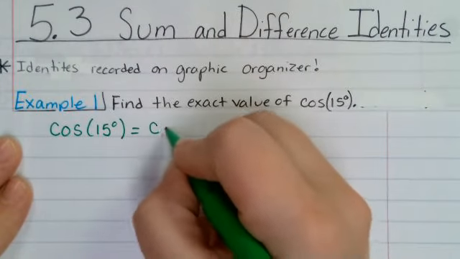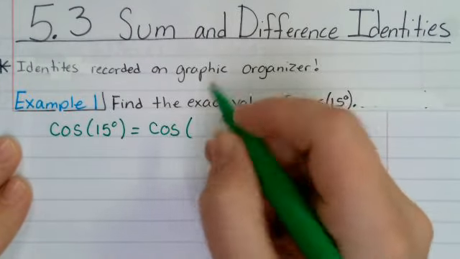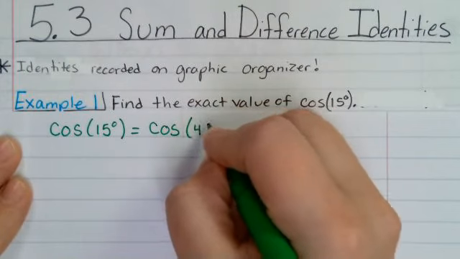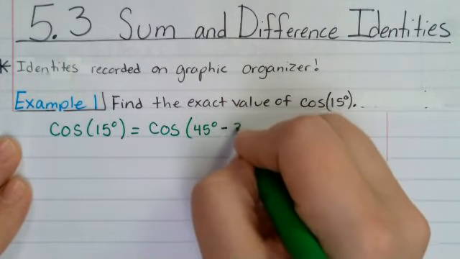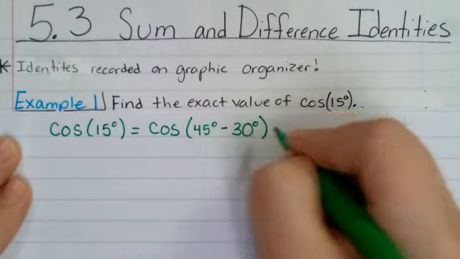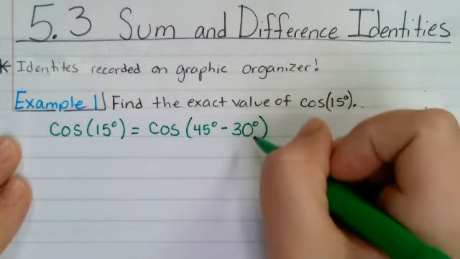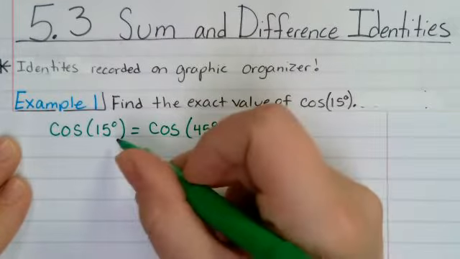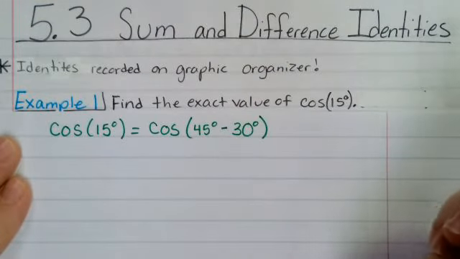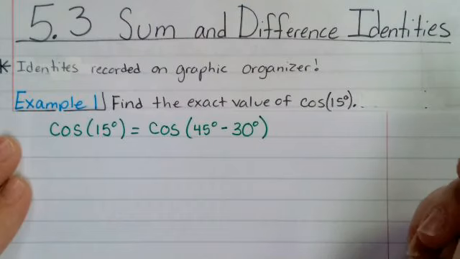Well, you could do cosine of 45 minus 30. 45 is a special angle, 30 is a special angle. If you subtract them, it does equal 15. So I have not changed the value, I've only changed the way that it looks.